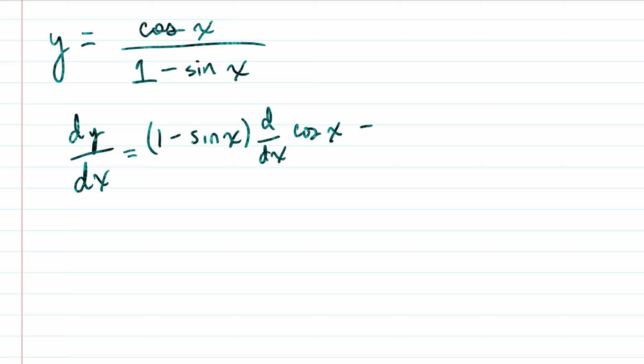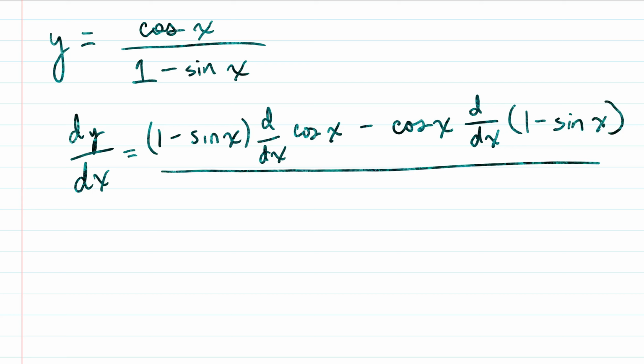Then it says to subtract the upper function, cosine x, multiplied times the derivative of the lower function, which is that entire 1 minus sine x. We put that entire thing above 1 minus sine x squared. We always square that denominator in the quotient rule.